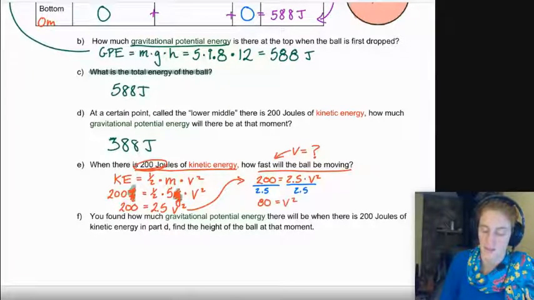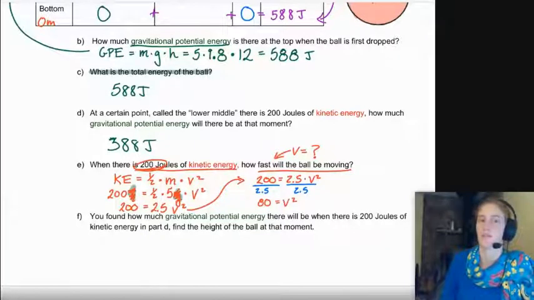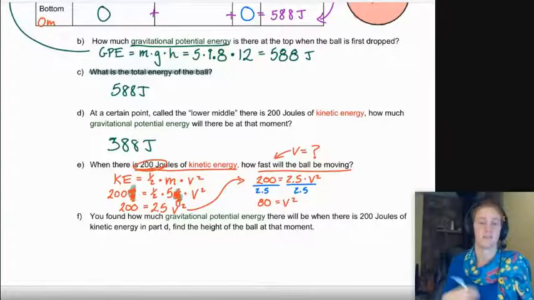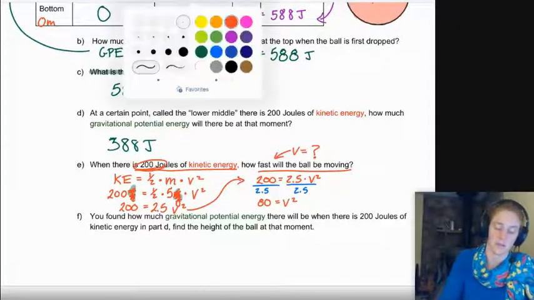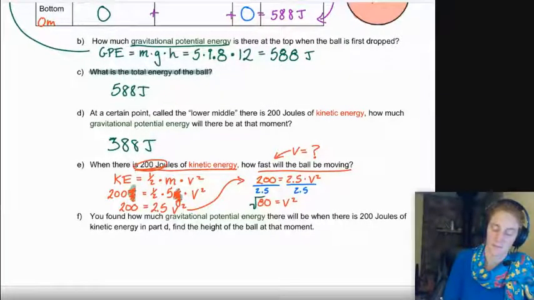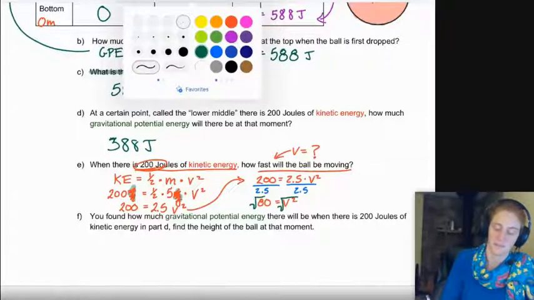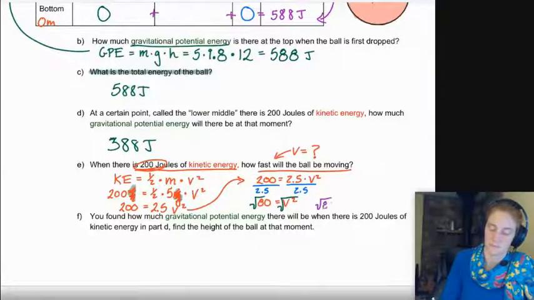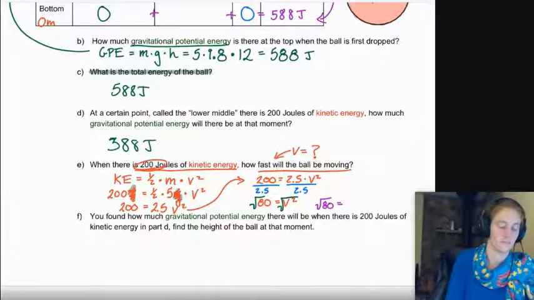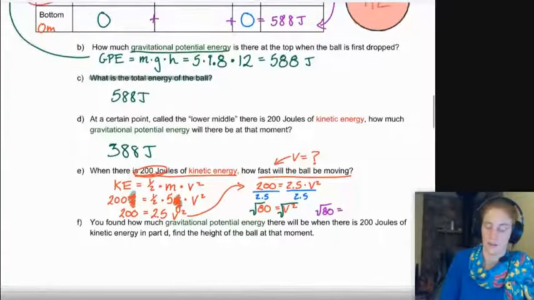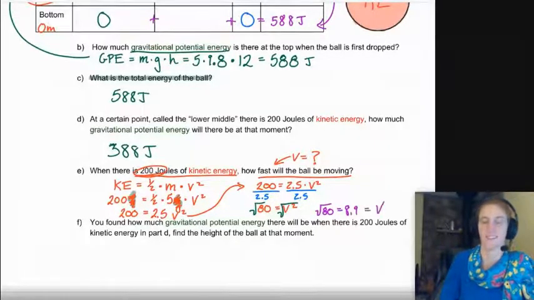And that's equal to v squared. So again, I need to do the opposite. So if I have squared, then I'm going to do the opposite, which is square root. So I'll take the square root of both sides. And the square root of 80 is 8.9. And so that will be equal to my velocity.